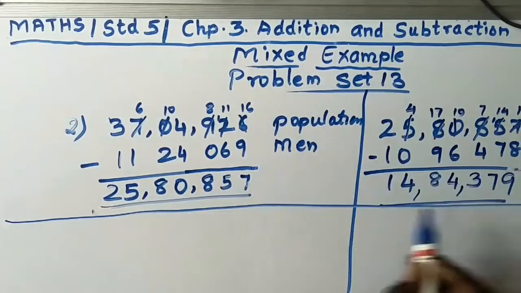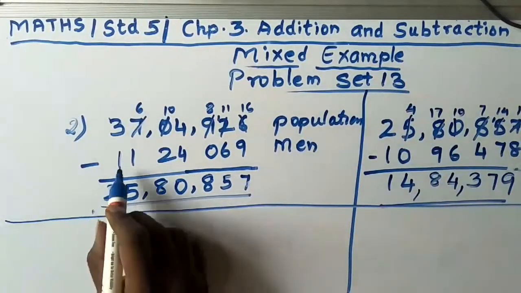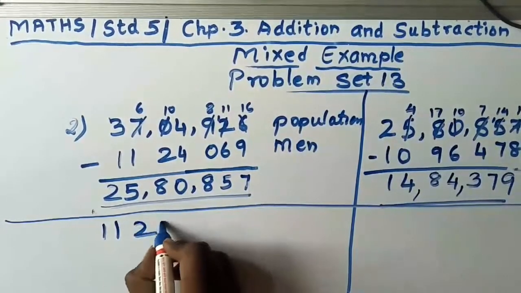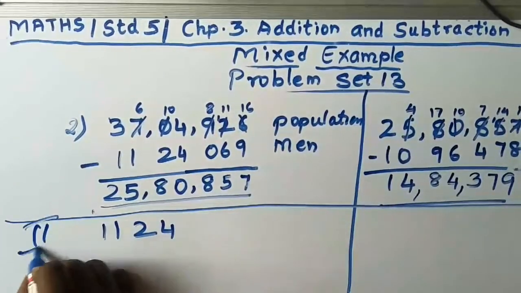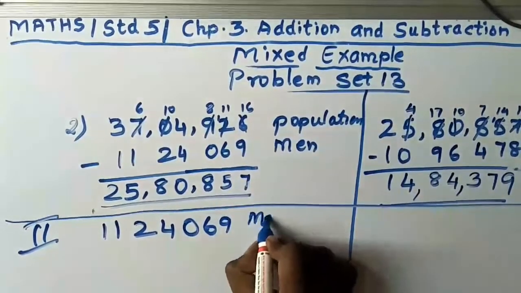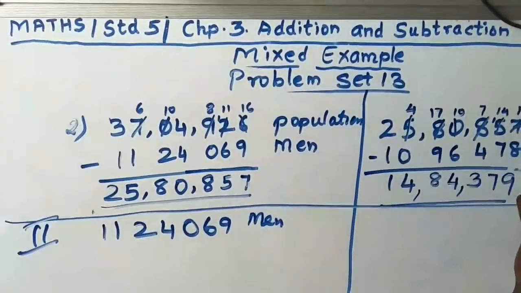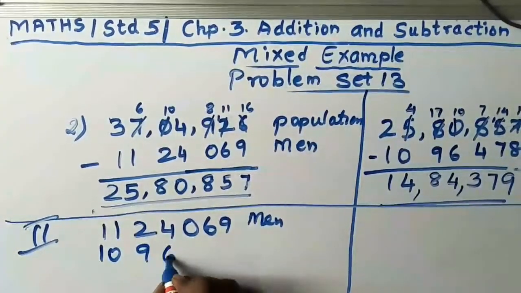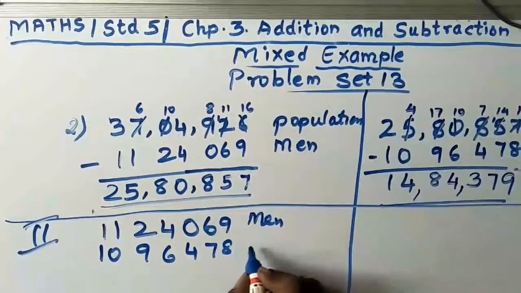I'll do it in the rough method. Men and women: 11,24,069. This is the second method I am doing. These are the men. Women: 10,96,478.